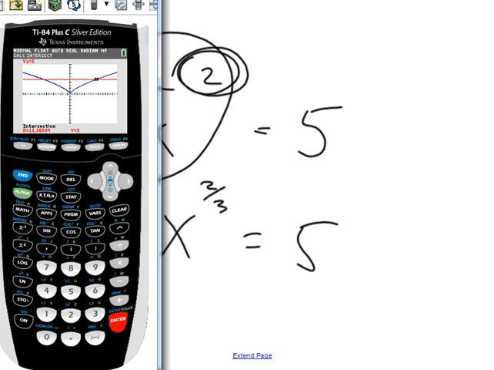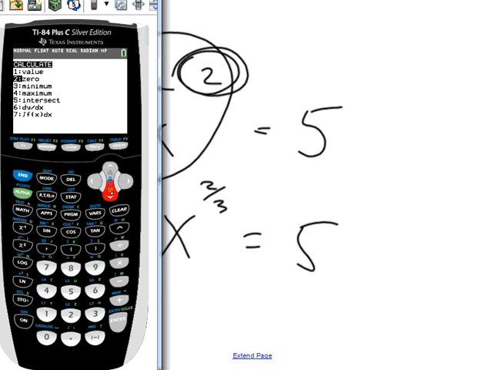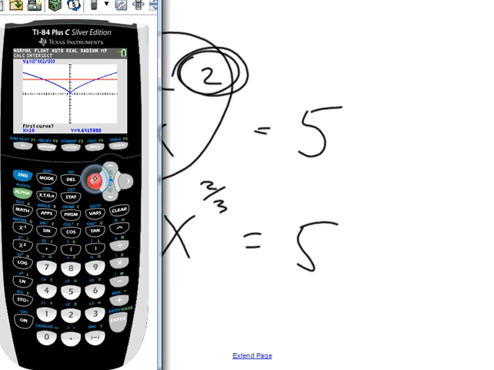And boom, it jumps to that spot where they crossed. And did you get 11.18? Raise your hand if you did. Okay, good. Then the other one, second, calculate, intersect. And this one's important because if you don't move closer to the other intersection, you're just going to get the same answer again. And then I got to go over closer to this one. So I got to keep moving until I'm closer to the left one than I am to the right one.